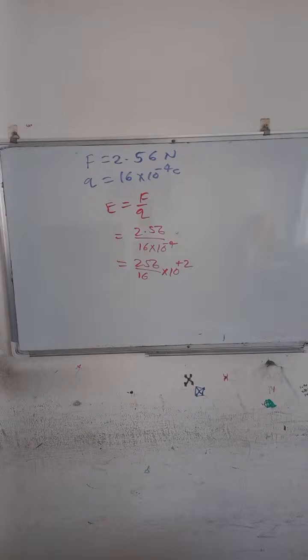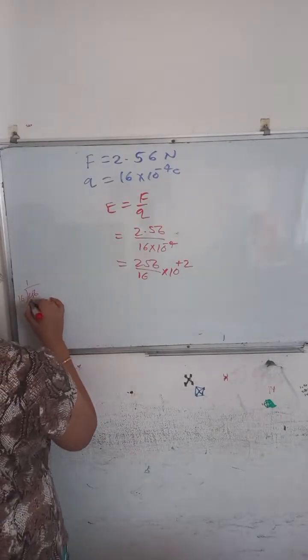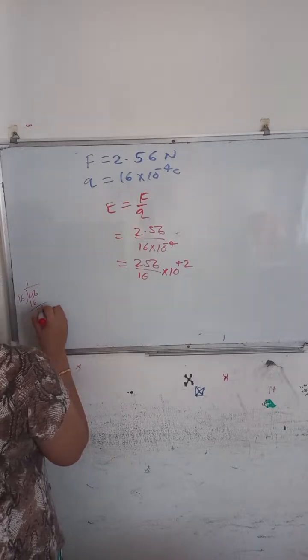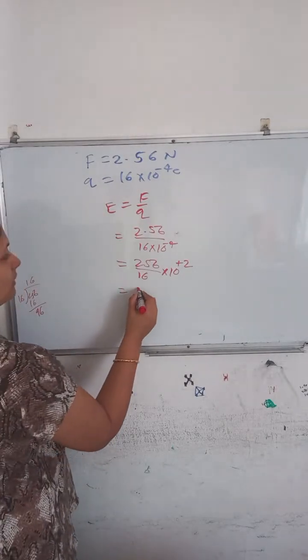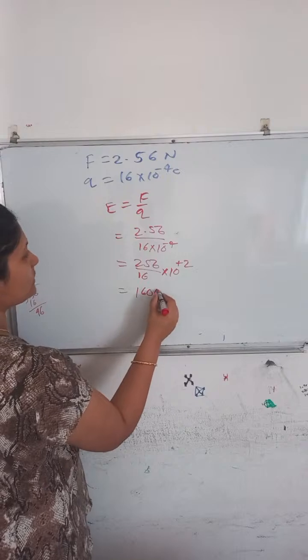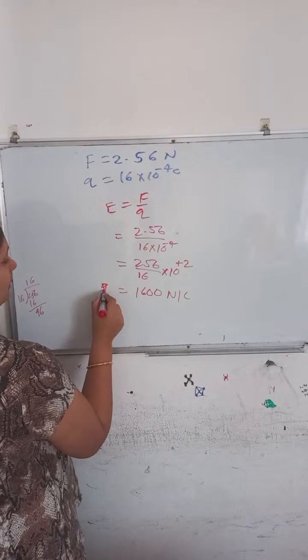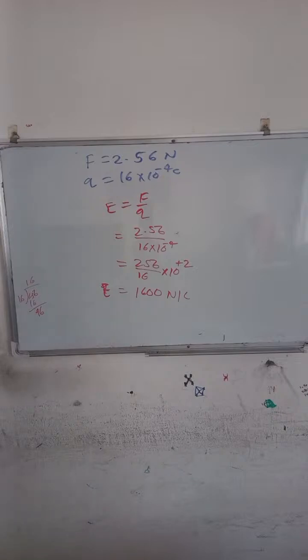Utilize those two zeros also. Is it 16 and these two zeros? Newton per coulomb. Yeah, your electric field intensity is 1600 Newton per coulomb. I think A is the correct option.